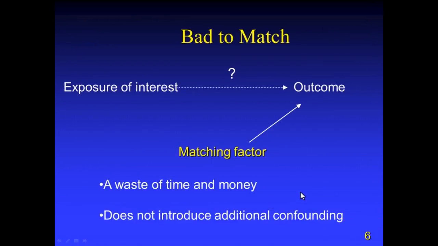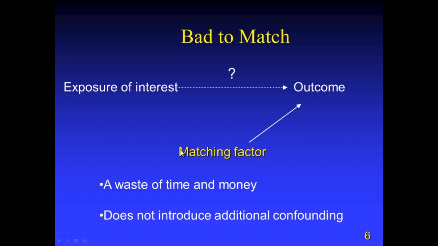The first one is where the matching factor is a cause of the outcome, but it's not in any way correlated with the exposure of interest. An example of this might be if you were interested in the outcome being cataract of the eye, and your exposure of interest was sunlight exposure, and then you were to match on, say, diabetes, because diabetes can cause cataract.